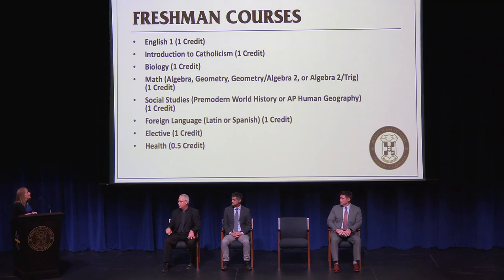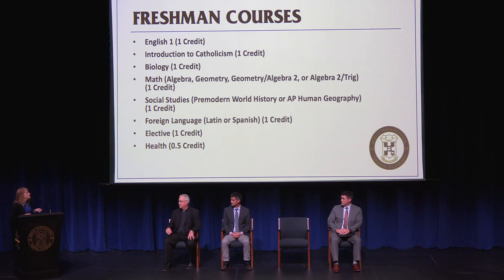They take English 1, Intro to Catholicism, biology, and here's that mathematical web that Mr. Shikatano referred to. They can take algebra, geometry, algebra 2, that's 1 class, or algebra 2 trig, and we'll get to why there are so many options there in a minute.